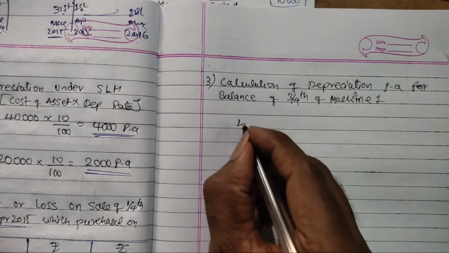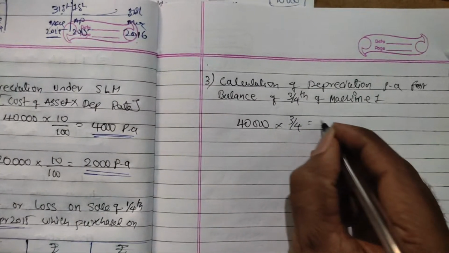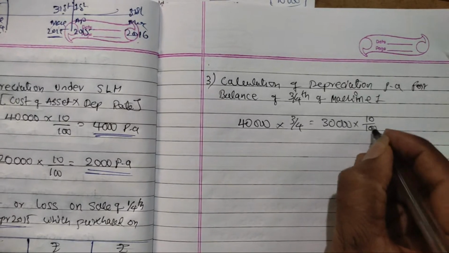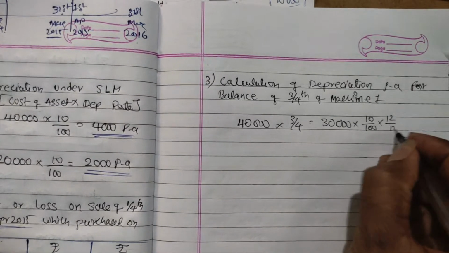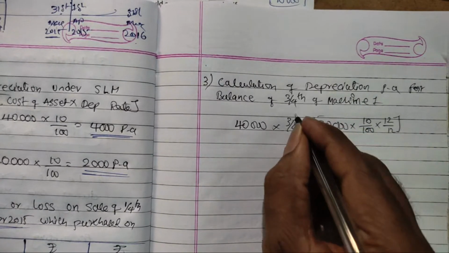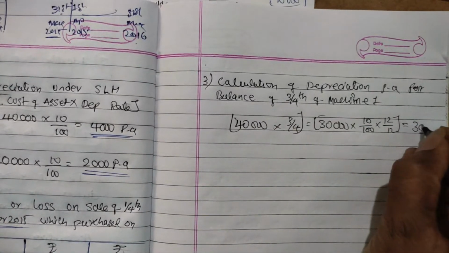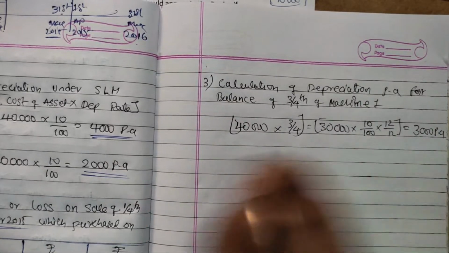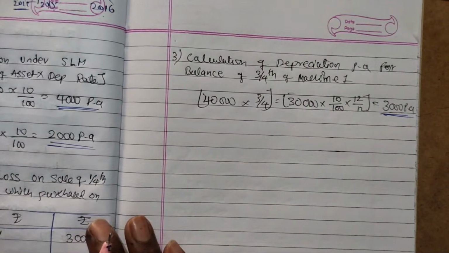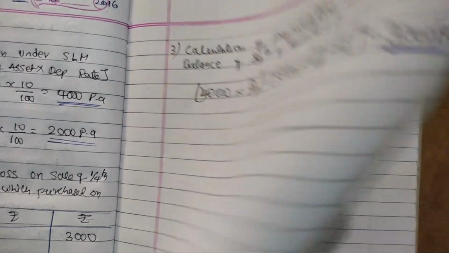So total machine value is 40,000 into 3 by 4 equals to 30,000. On 30,000, 10 by 100. If you do 12 by 12 also, for whole year depreciation will be how much? Depreciation will be 3,000 rupees per annum, right? 3,000 rupees per annum. This is the working notes you need to do. Hope you are getting my point. So let us solve the problem.